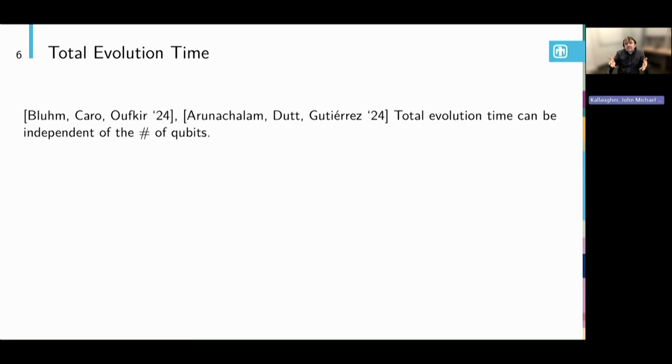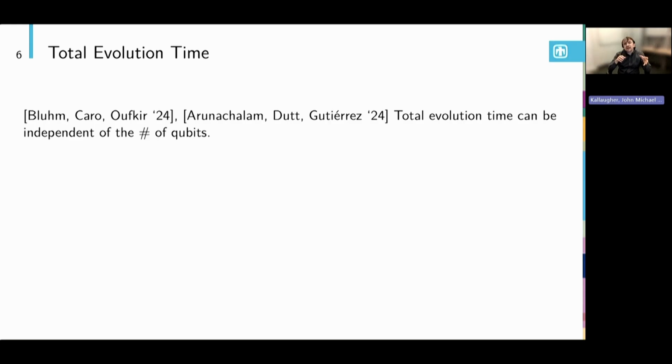So, like I said earlier, we're interested in minimizing the total amount of evolution time you need to solve one of these problems. And one interesting result coming from the previous work on this problem is that you can actually make this total evolution time completely independent of the size of the system that your Hamiltonian operates on.